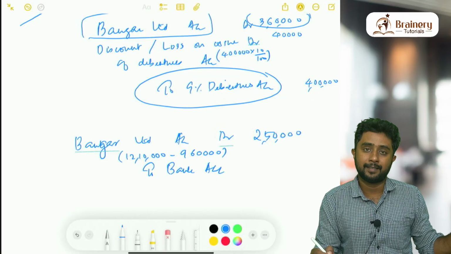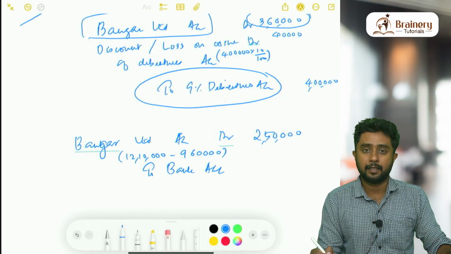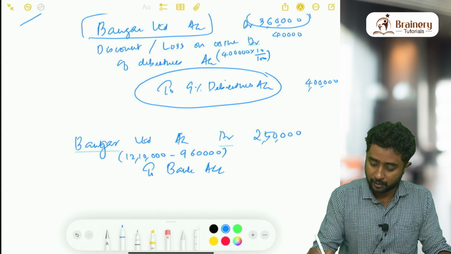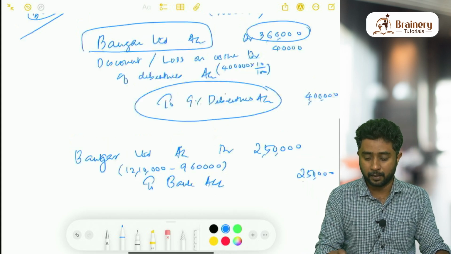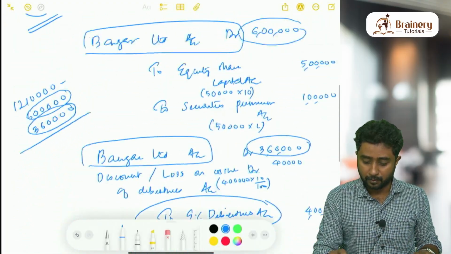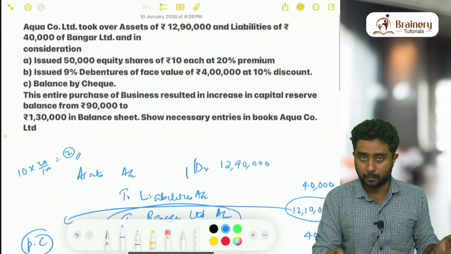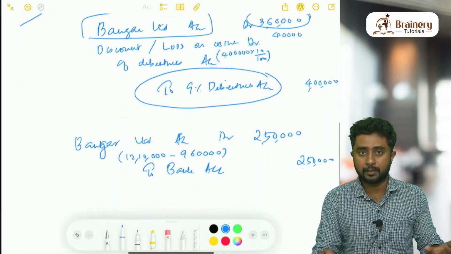In that 6 lakh is from issue of shares and 3,60,000 by issue of debentures. So as you can see here, we'll be writing 2,50,000 here. Okay. So after recording this, we can cross check once again whether we have recorded entries for all the modes of payment, and when we are adding all these amounts, whether we are getting the total purchase consideration.